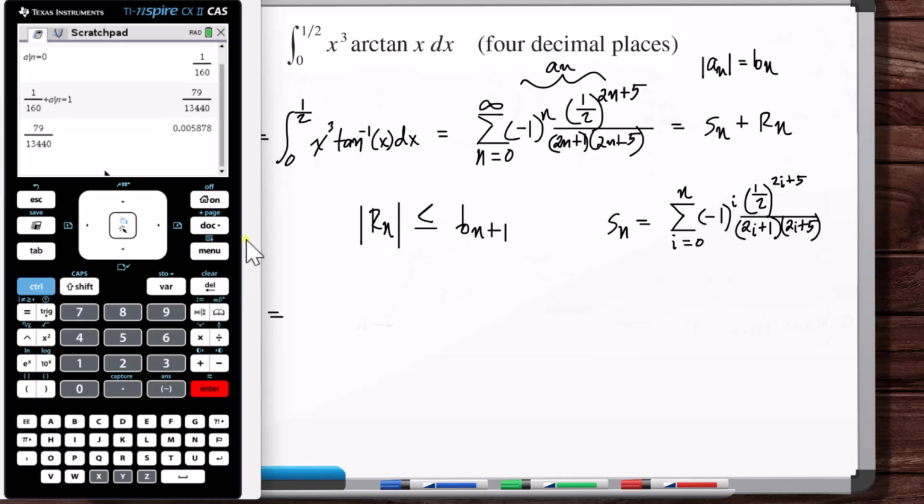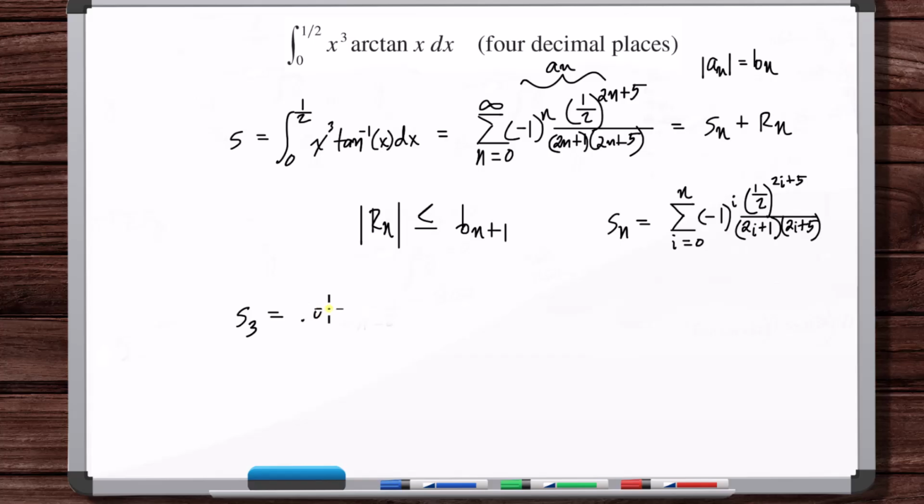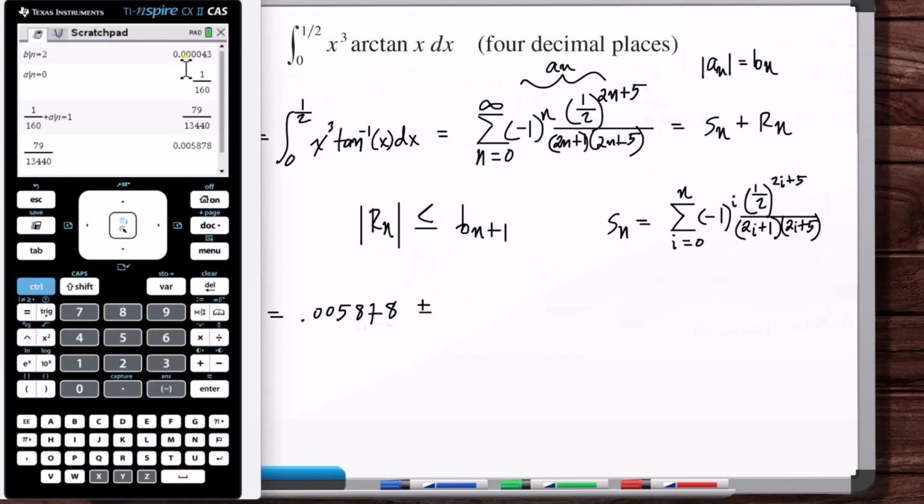There we go. Okay, so I must have messed something up. So 0.005878 plus or minus 0.000043.